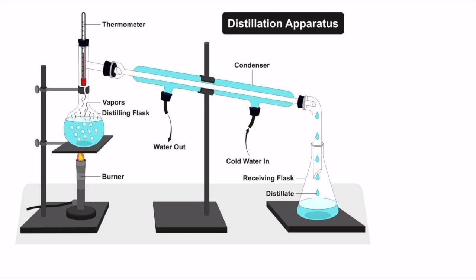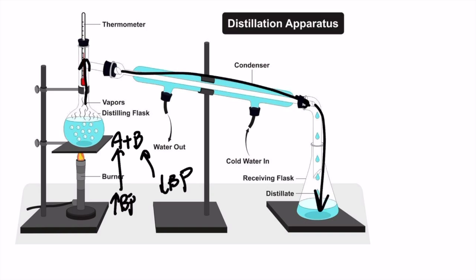For example, say you have a liquid of A and B, where liquid A has a pretty high boiling point, high BP, and liquid B has a pretty low boiling point. If you have A plus B together, B would probably boil first because it has a lower boiling point, and so the vapors of liquid B would rise up, pass through, and be separated down there. So you can also use that for evaporation as well.